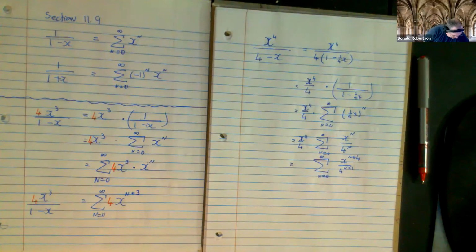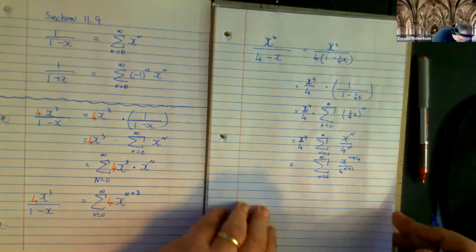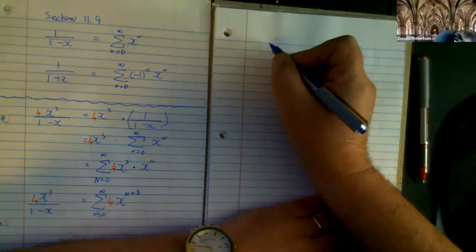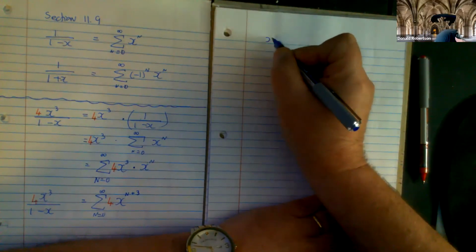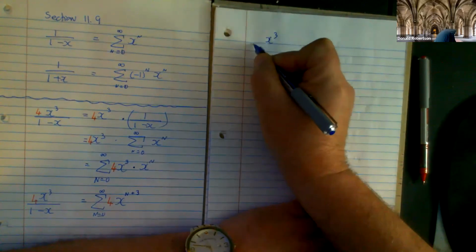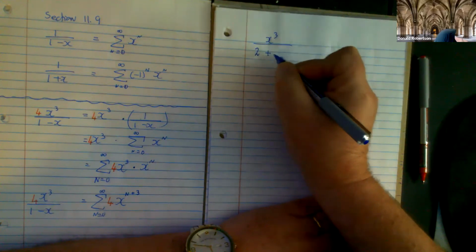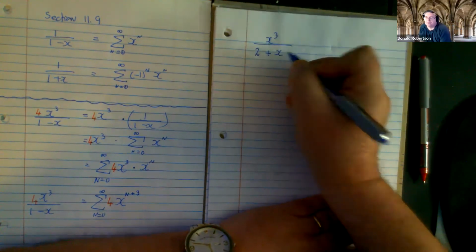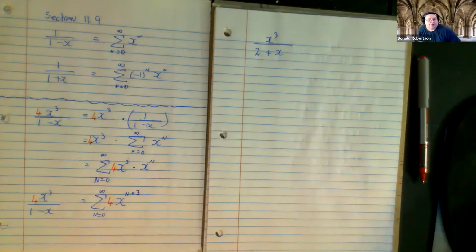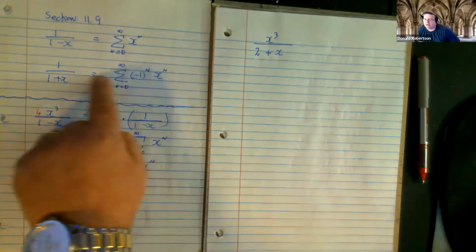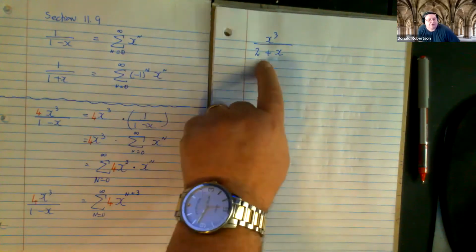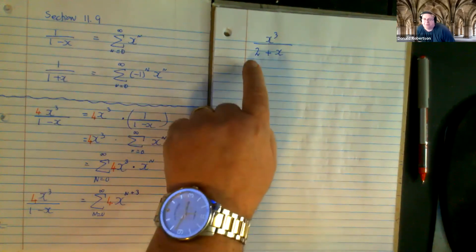Let's try another one like this. Let's try x cubed over 2 plus x. Which means I'm going to be using the bottom one, agreed? Because it's a 2 plus x, not a 2 take away x, right? Also, don't I have to take care of that pain in the butt too?